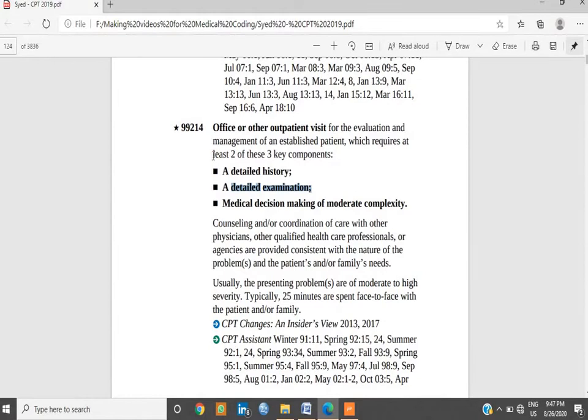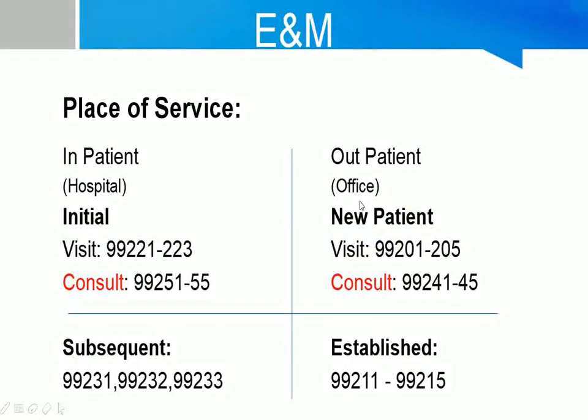It is also at least two out of three key components. So we have detailed examination, and MDM is moderate complexity as mentioned in the question. Let's go back to that question here.